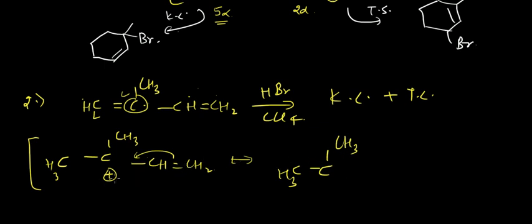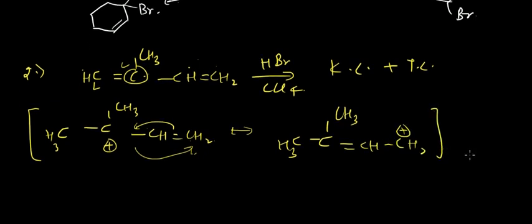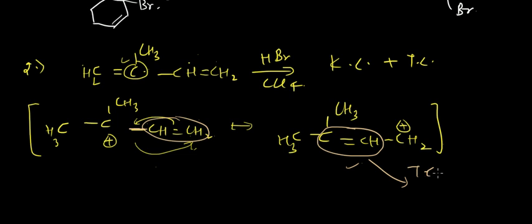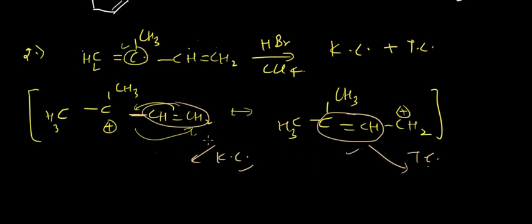So we'll get the positive charge rearranged, or placed, at this carbon atom. We'll be getting something like this. Okay, so obviously the stability of this alkene, which would be on the product side, would be more. Why? Because of the two attached CH3 groups, whereas in this alkene only one bulky group is attached. Hence this stability would be more. Hence this would be deriving our TC product, and this would be deriving our KC product.